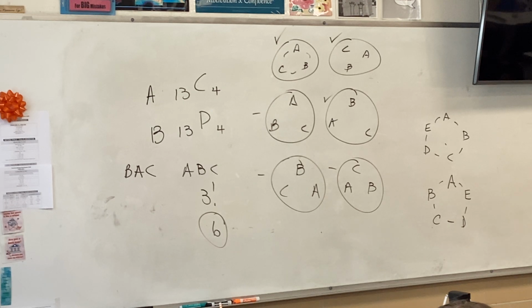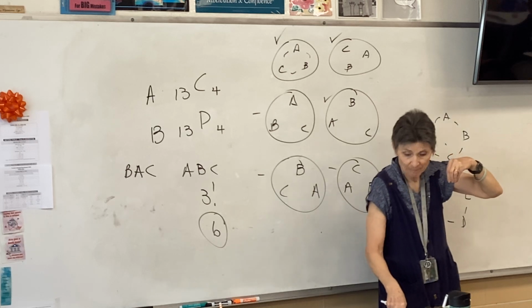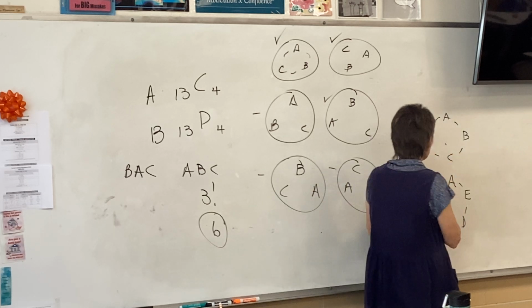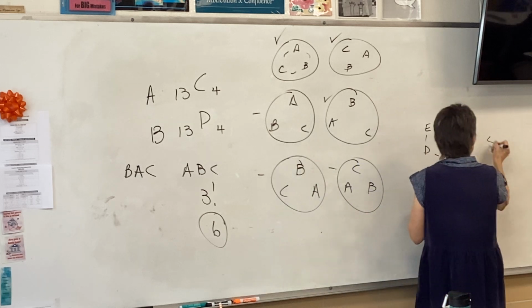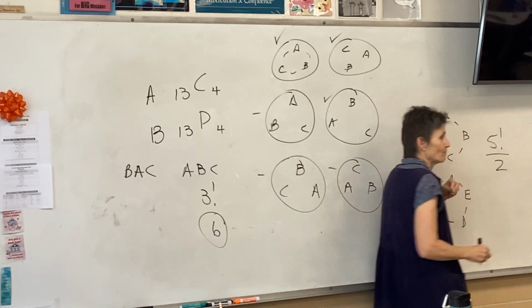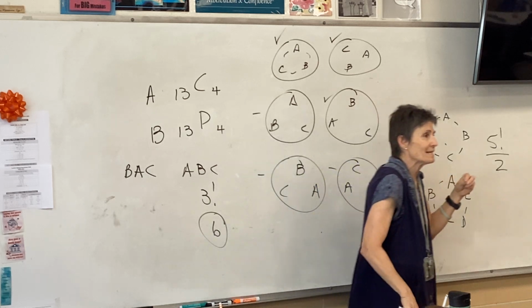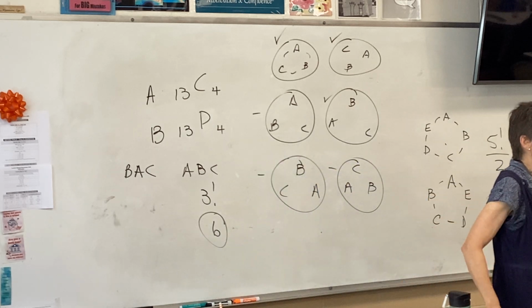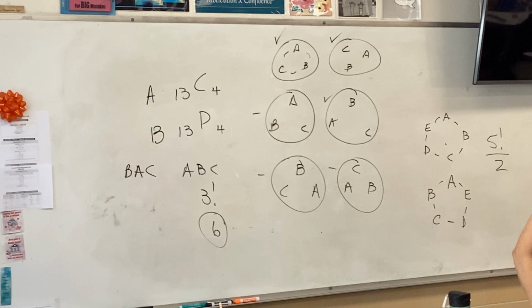Wait, so the answer to problem 30, no, phone check, is 5, oh, I was supposed to have 6 keys, sorry. The answer is 5 factorial over 2. Why is it 5 factorial? Because there's 6 keys in a circle. That drops down to 5. And why is it divided by 2?